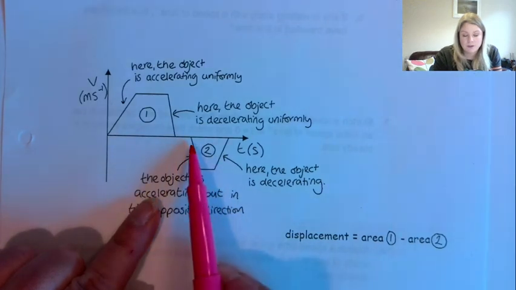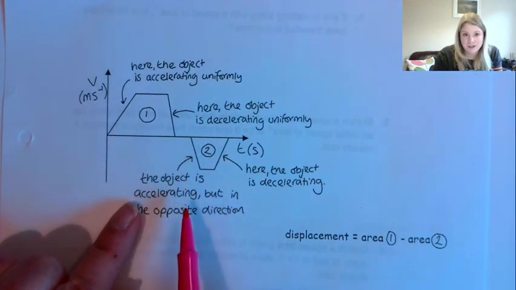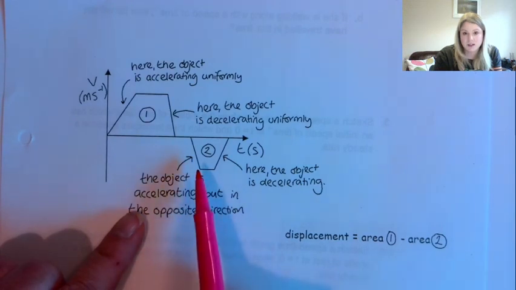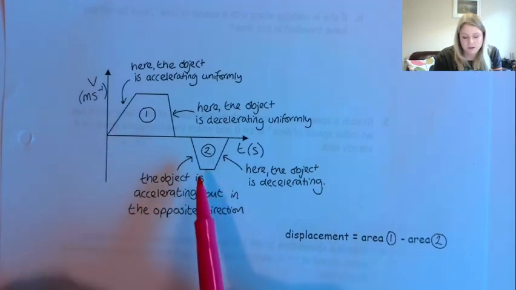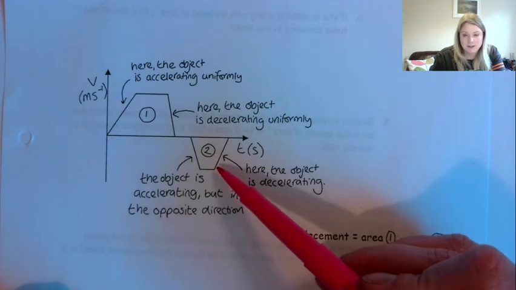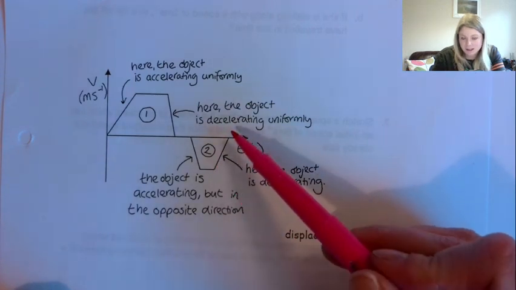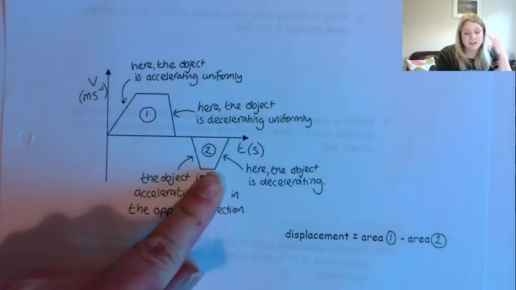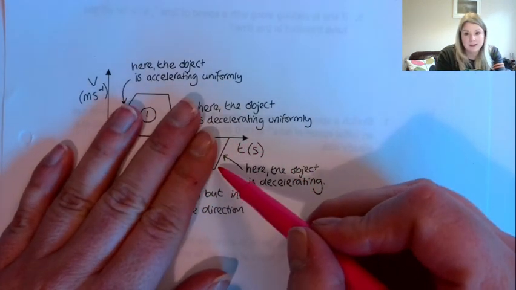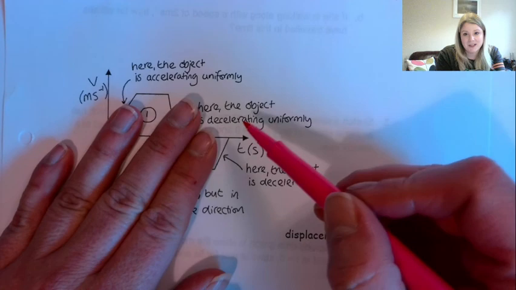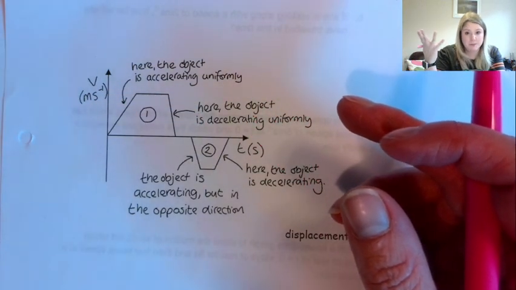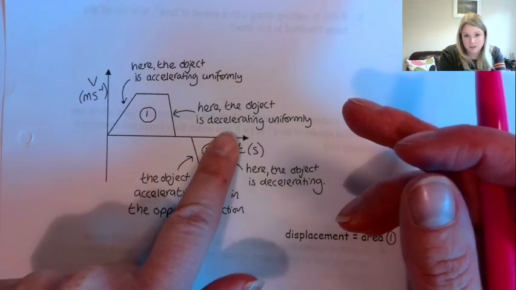So this wee line here is accelerating, it's getting faster, but it's in the opposite direction, which is why it's underneath the x-axis, why it's negative now. Constant speed, and then again decelerating here because it's getting closer to zero. So we are conditioned, I think, to see a line like that going up from left to right, to think that means increasing or getting faster, but it's not, because we're getting closer to zero.